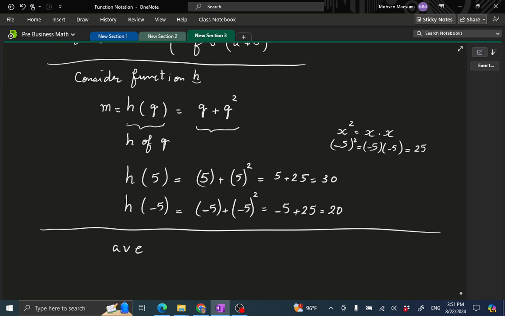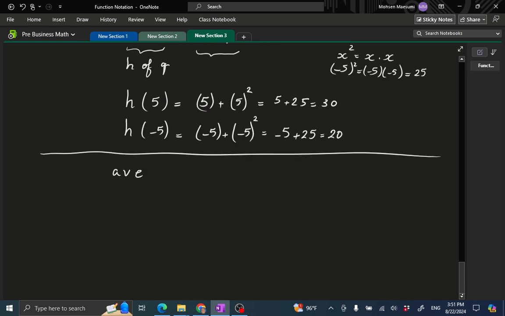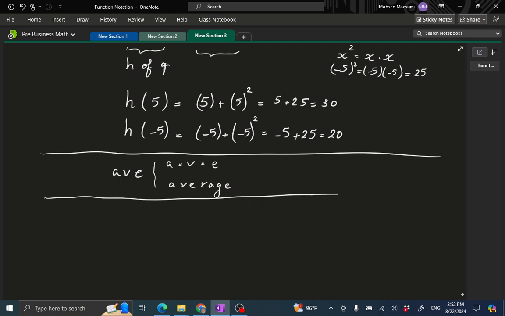But you cannot count on that, especially in mathematics. Things are very condensed and they can be misread. So is this A times V times E, or is it abbreviation for a very common word? Is it average, or is that something else? So you have to be careful about this thing too.